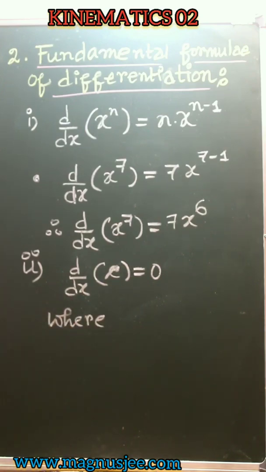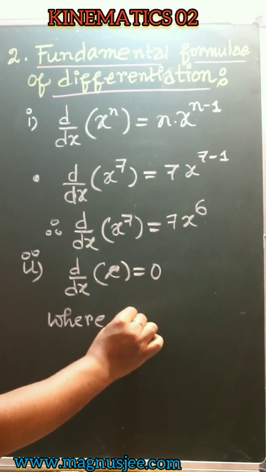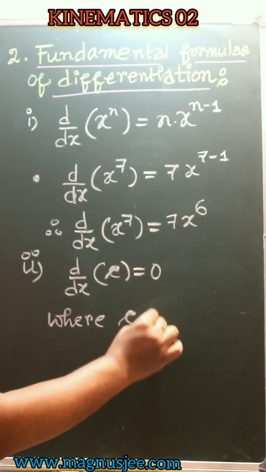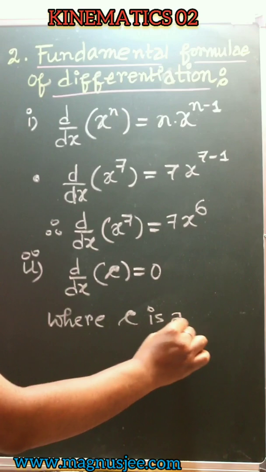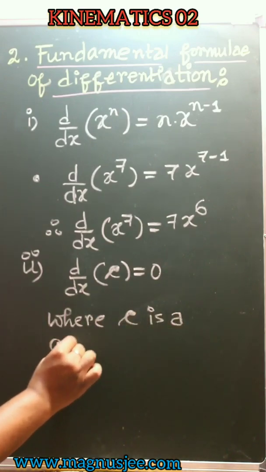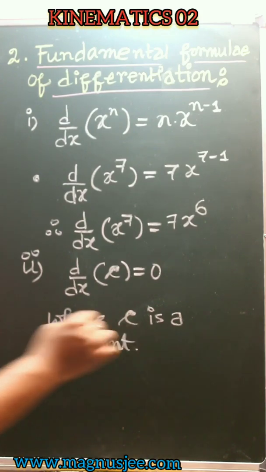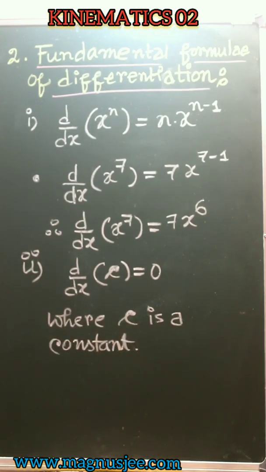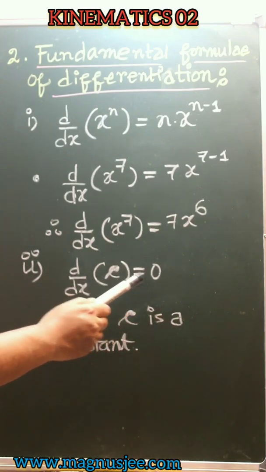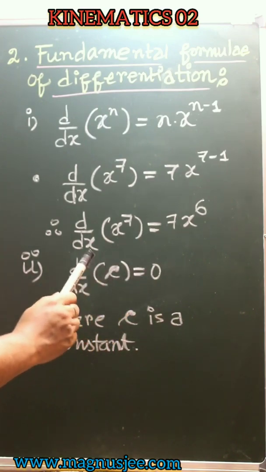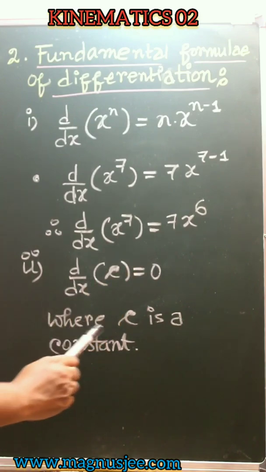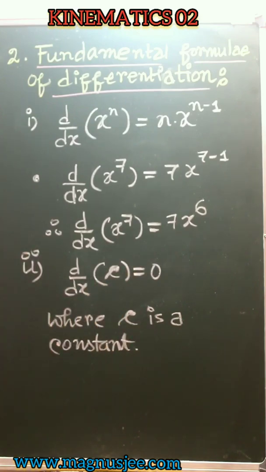That's why ddx of c is 0, where c is a constant. Here c is constant, it does not change. That's why ddx of c equal to 0.